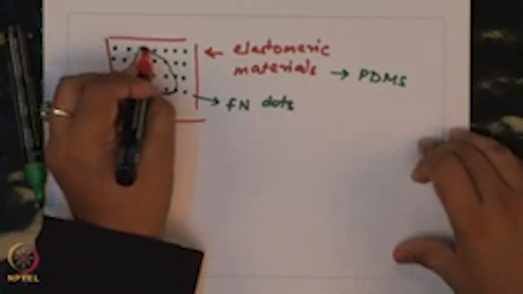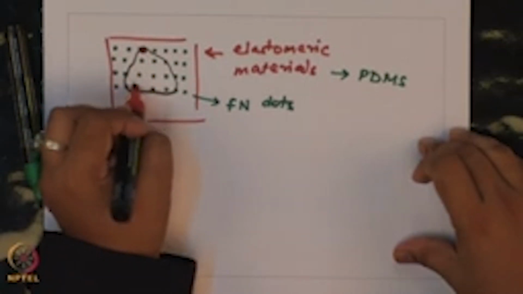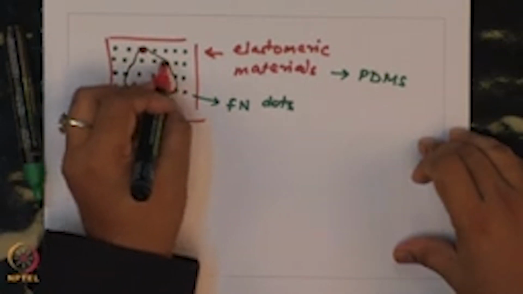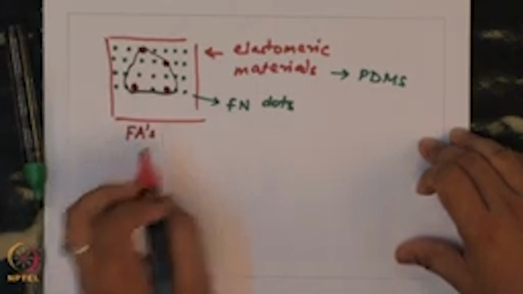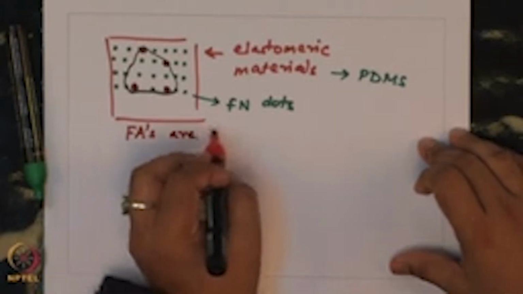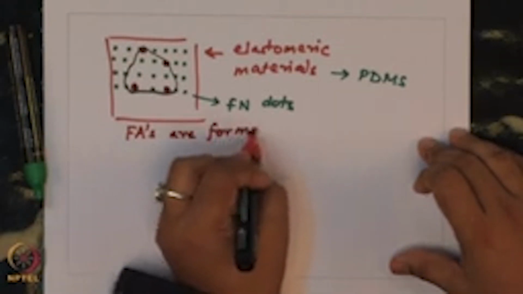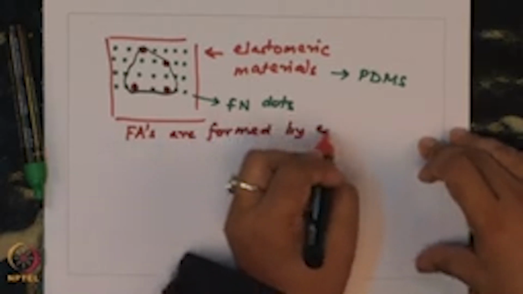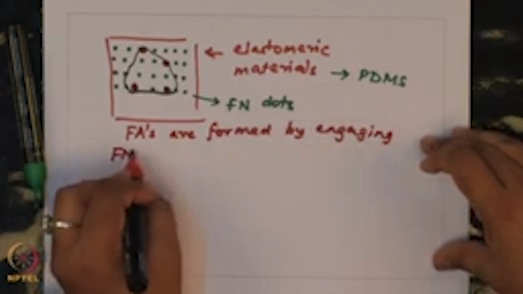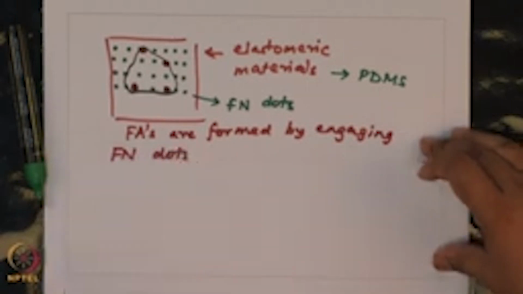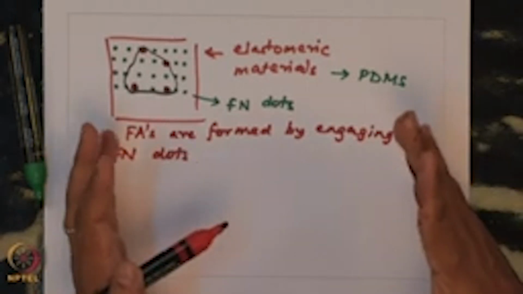So, you will see focal adhesions being formed by the cells, by engaging fibronectin dots.